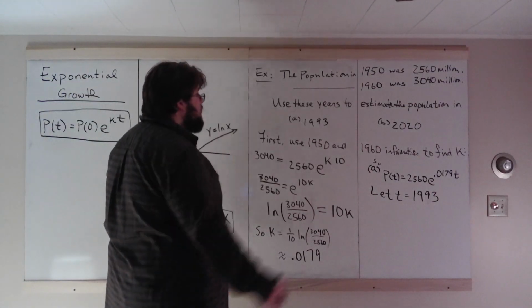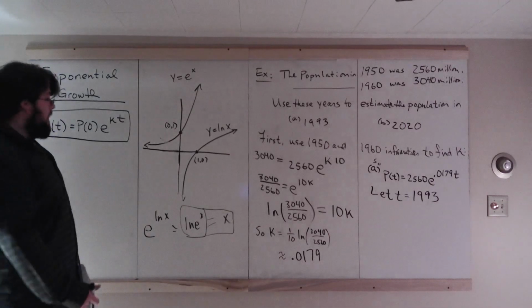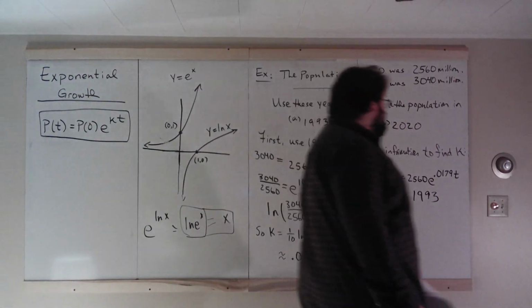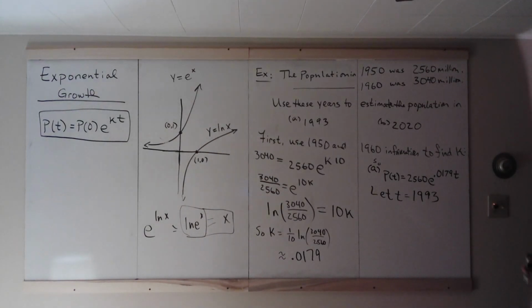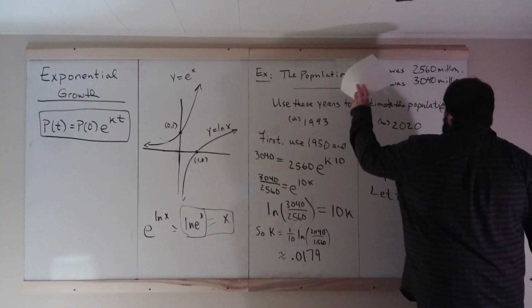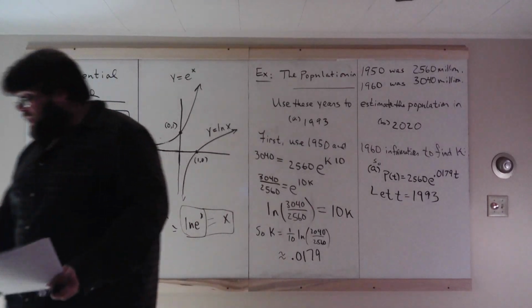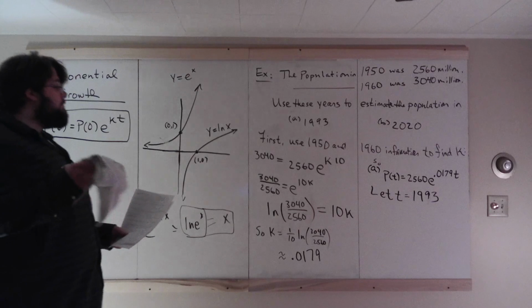Now, many of you are wondering, why did I use 1993? Well, you are right in your wonderings. T does not equal 1993 here unless our base was year 0. Our base is not year 0. Our base is 1950. So this t, remember, measures time from our base year, measures time from 1950.